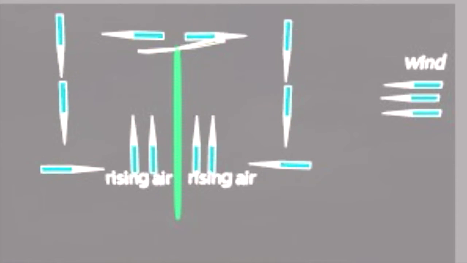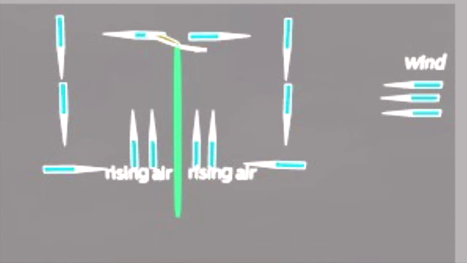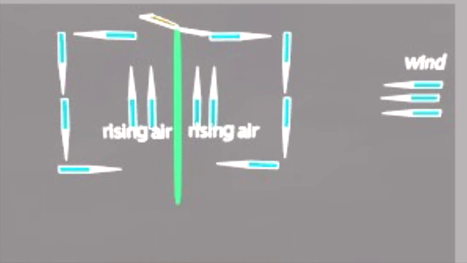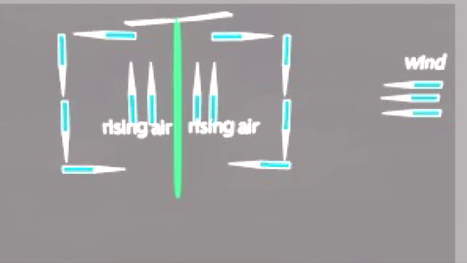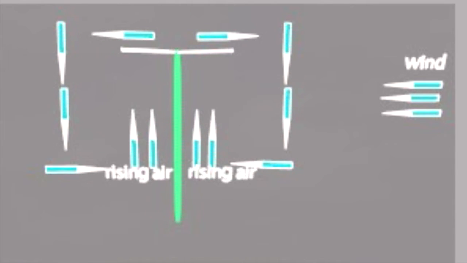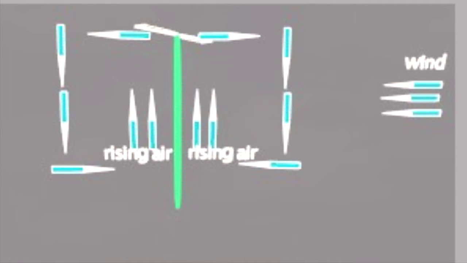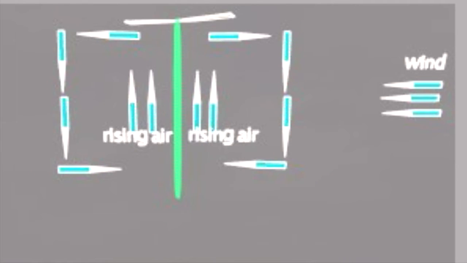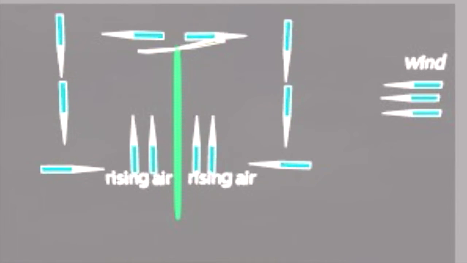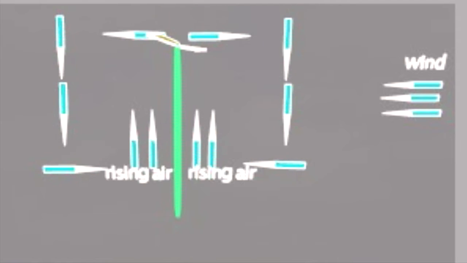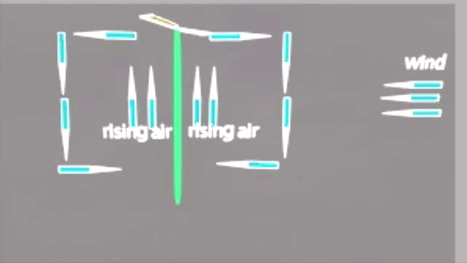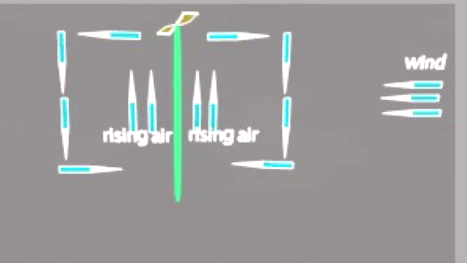From the animation, we can see that when we spin the hand helicopter, its whole body is spinning. When it spins, the air on top of it gets pushed to the sides and sinks down.